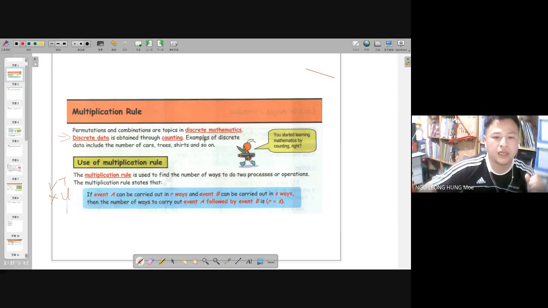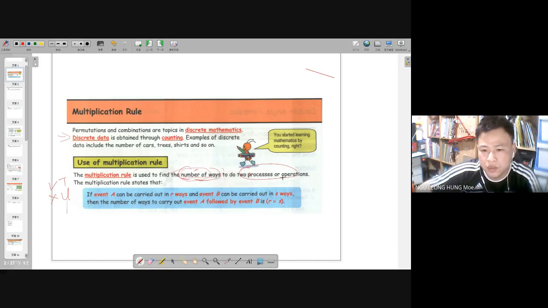Use of multiplication rule. The multiplication rule can be used to find the number of ways to do two processes or operations. Number of ways means how many ways we can use. In between, we have to do two processes or operations.